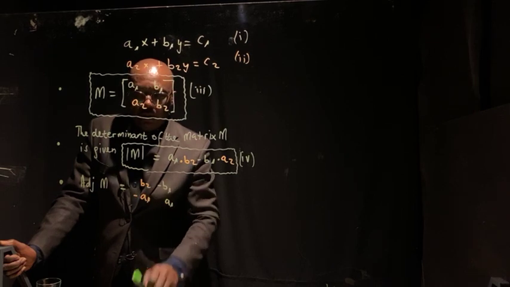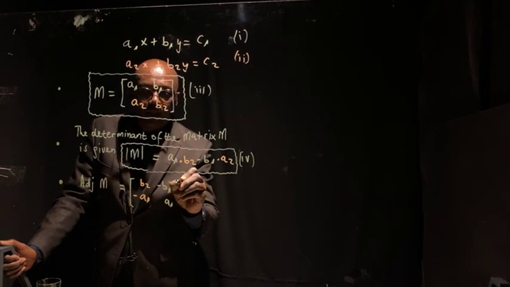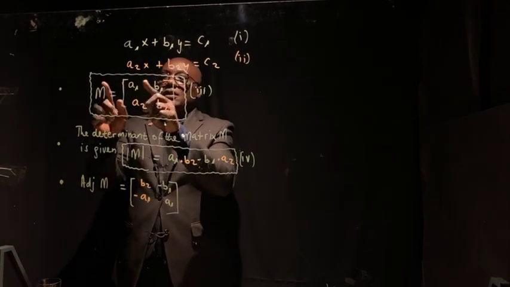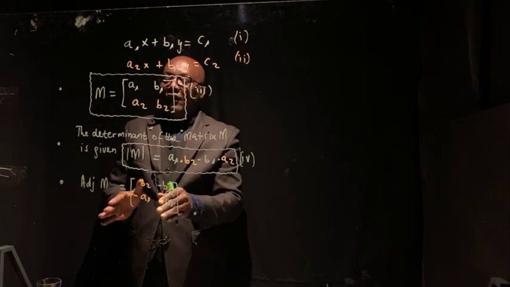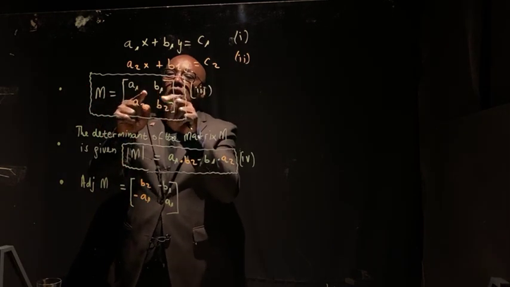Now, let me explain what I've done. To find the adjugate of a matrix M, this is the matrix M. You swap the position of A1 and B2.